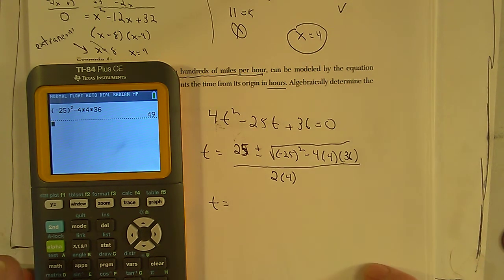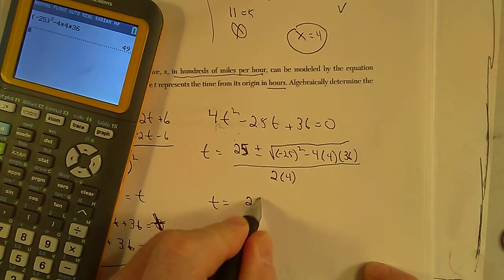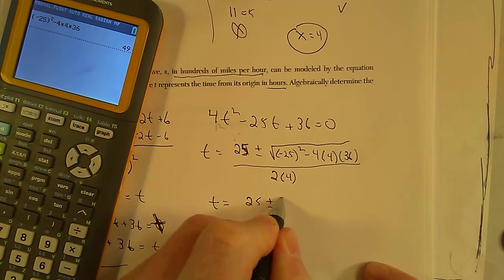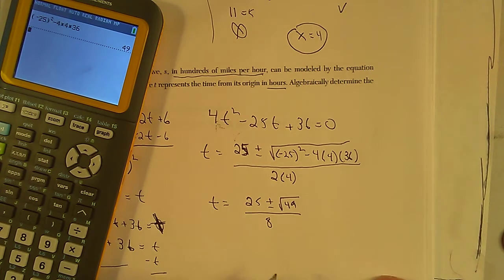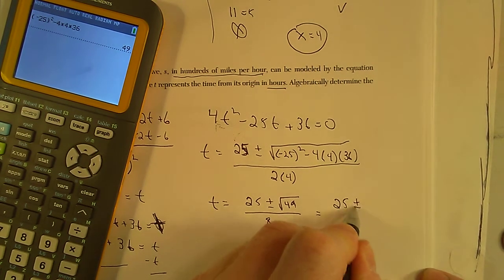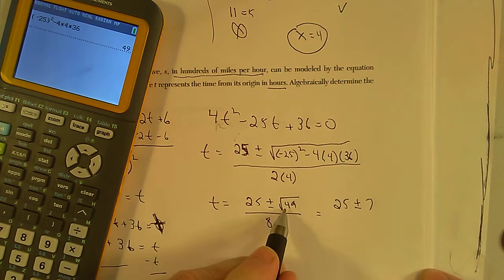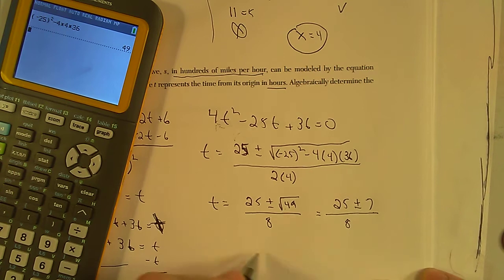Okay. So 25 plus or minus the square root of 49 over 8, which is 25 plus or minus 7. The square root of 49 is 7, over 8.